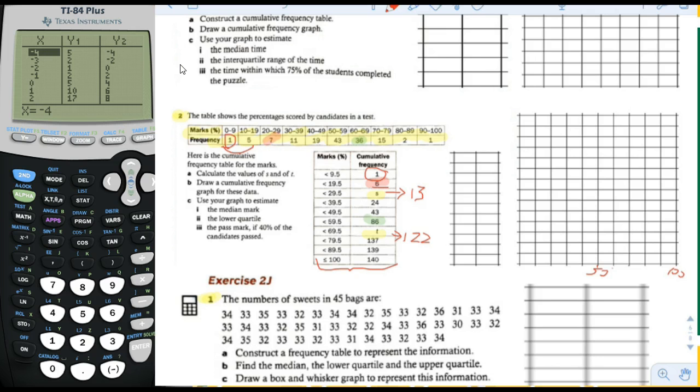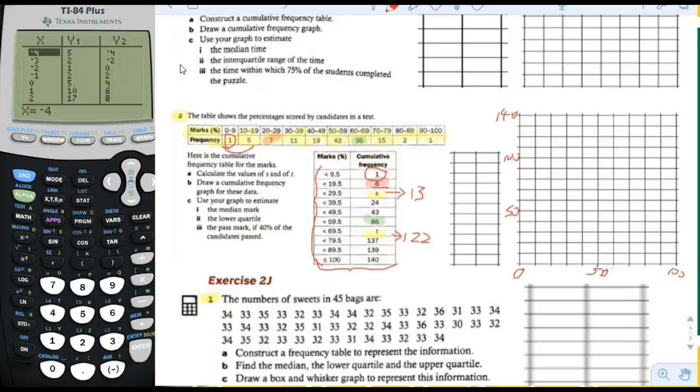Now 0 to 100 is the mark percentage, so the data ranges from 0 to 100, and then the frequency ranges from 0 to 140. So this would be about 10, 20, 30, 40, 50 would be there, 60, 70, 80, 90, 100 would be there, and 140 would be the top line, right? And so now we're just going to plot some points.